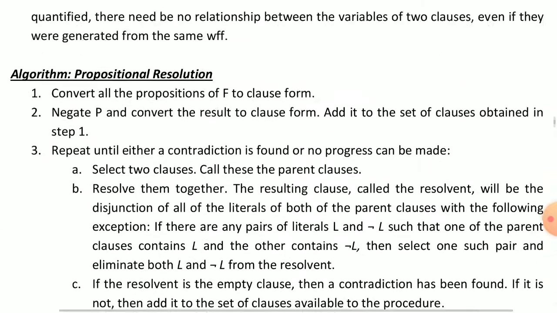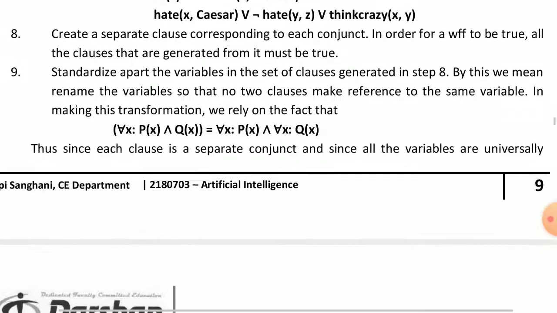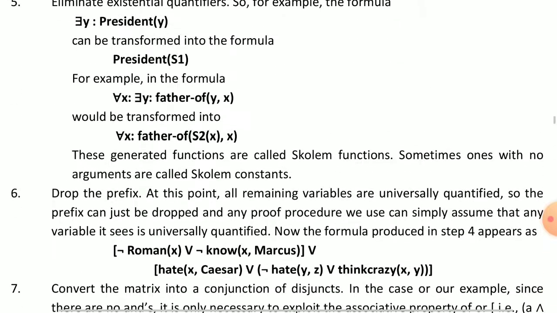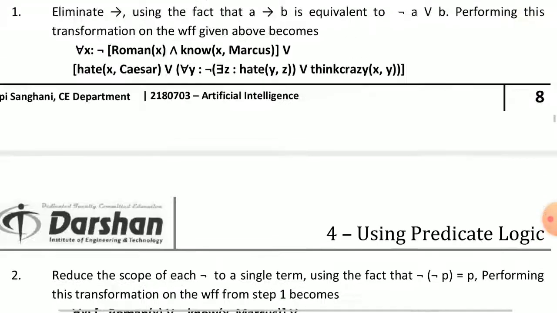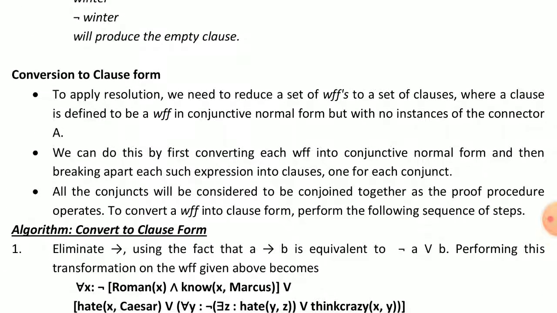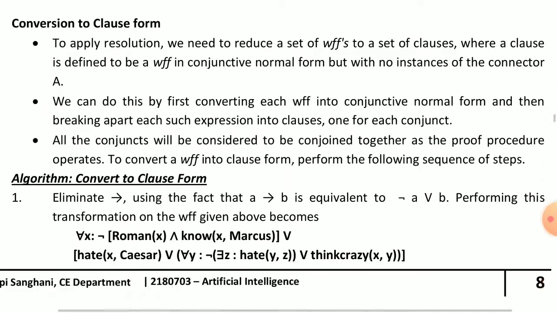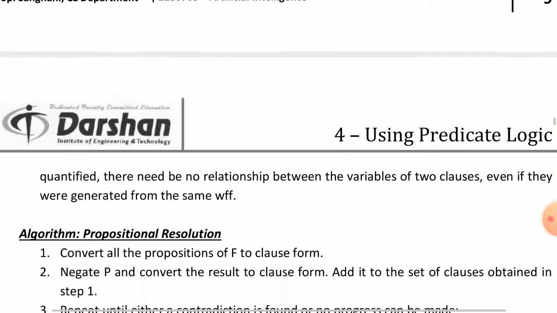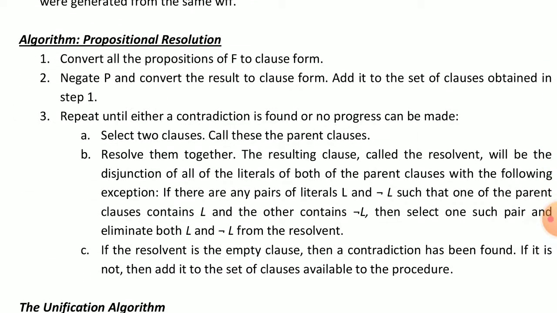Now I will revise the topics completed in today's video lecture. Today I started with the algorithm for convert to clause form, in which 9 different steps are given. The second algorithm is for propositional resolution, in which 3 basic steps are given.